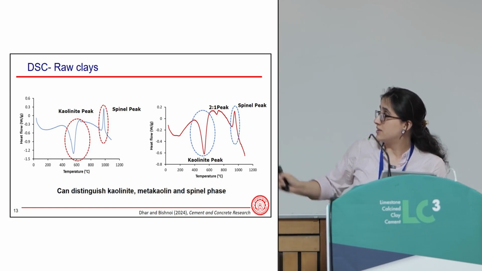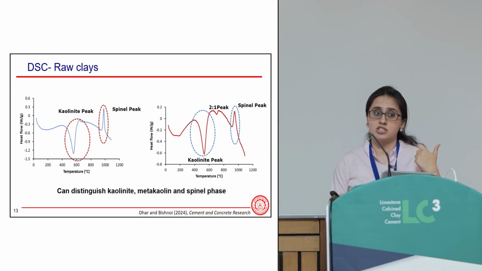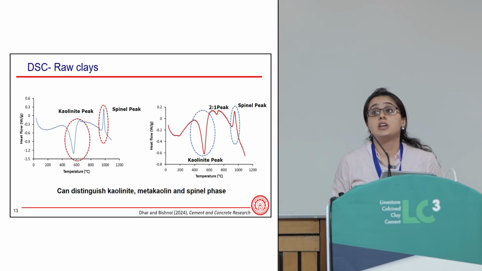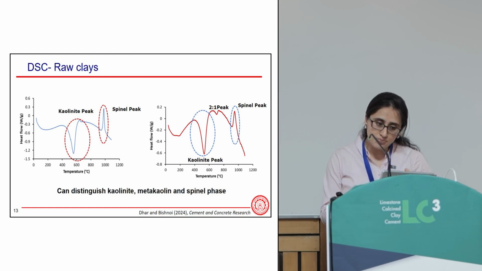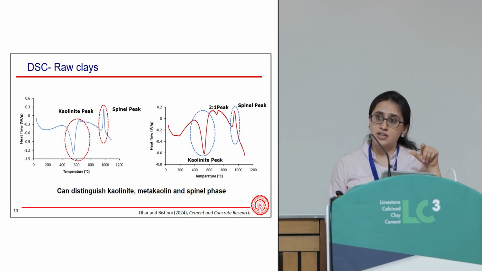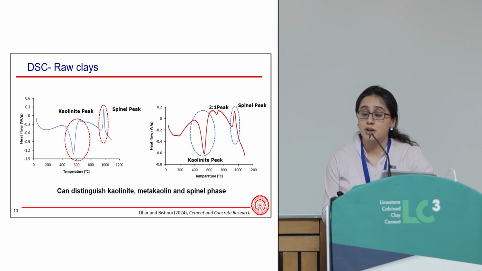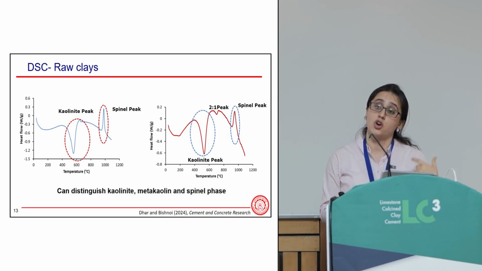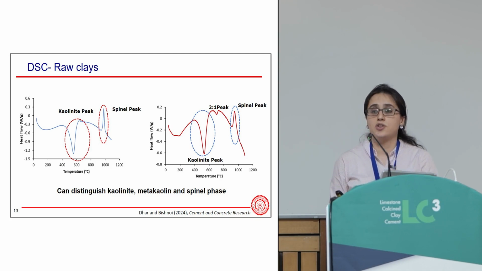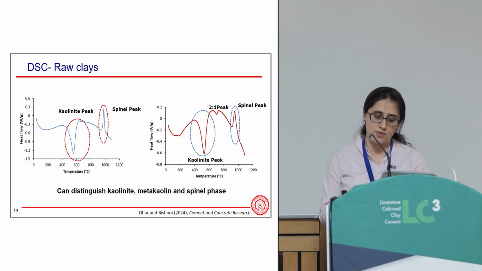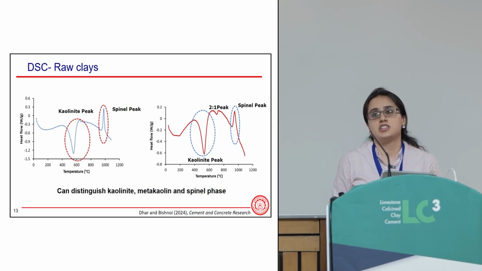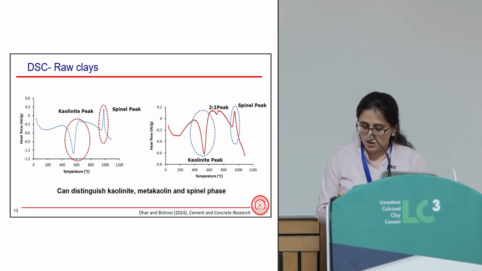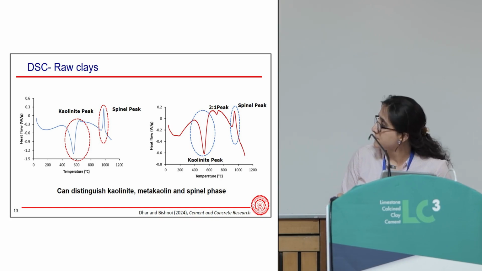You can see in this diagram there is a major endothermic peak, which is because of the kaolinite, and then a minor endothermic peak because of the 2 to 1 clay minerals. The dehydroxylation of 2 to 1 clay minerals takes place at a slightly higher temperature. That is why you first see a kaolinitic endothermic dip, and then a small endothermic dip which corresponds to the 2 to 1 clay mineral. And then you see the spinel phase, because it has kaolinite, so you will see a spinel phase in all the clay samples.